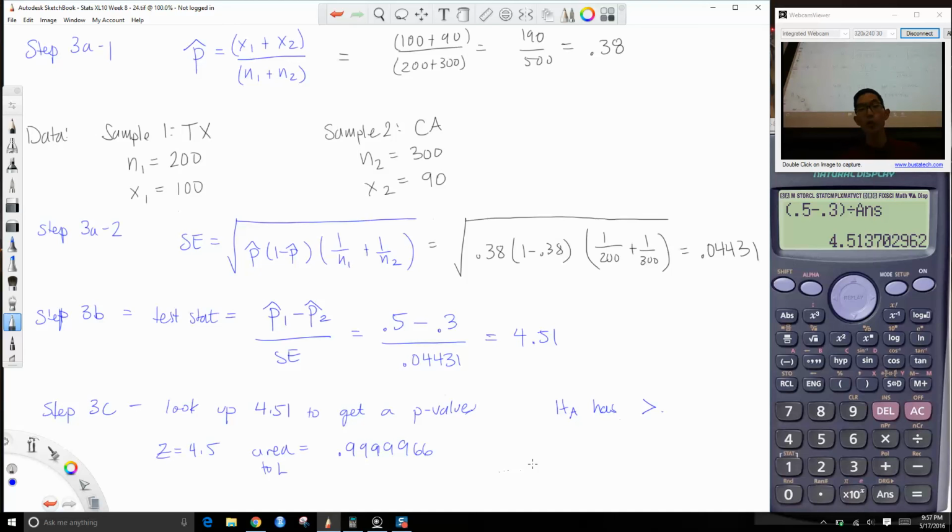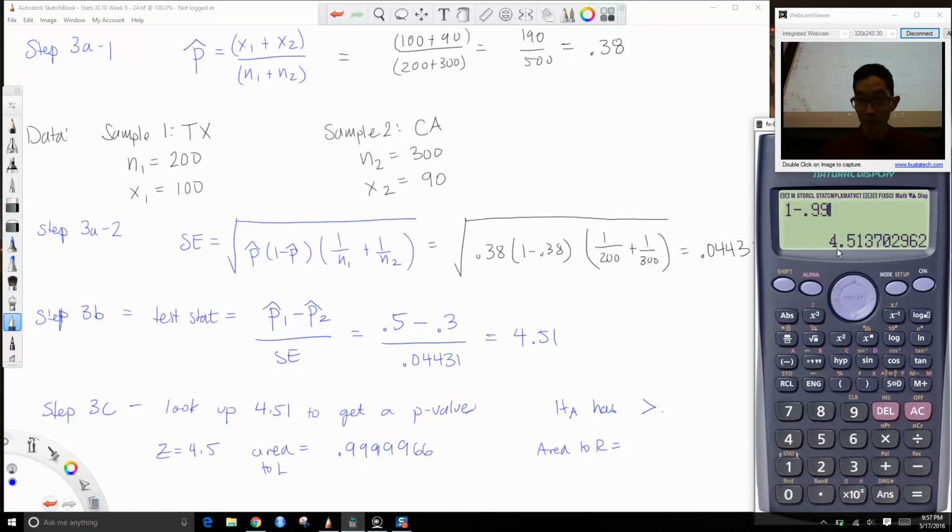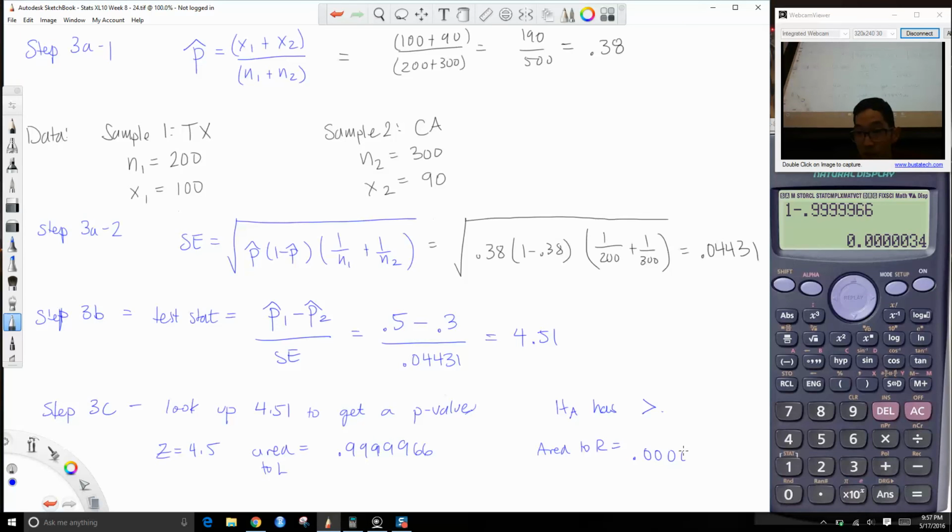So that means we want the area to the right. So the area to the right is 1 minus that, which is going to be 0.000034, okay? Yes, so this is my p-value.